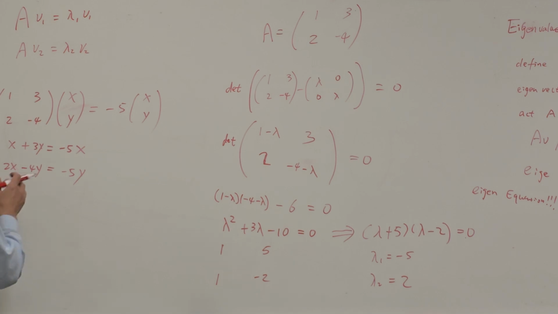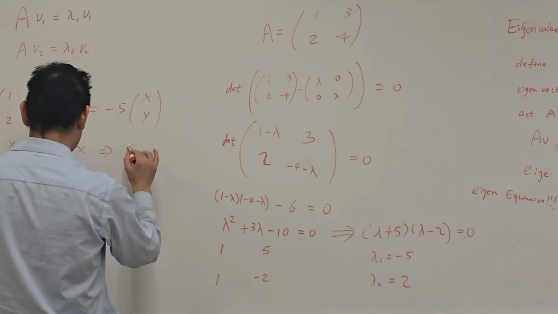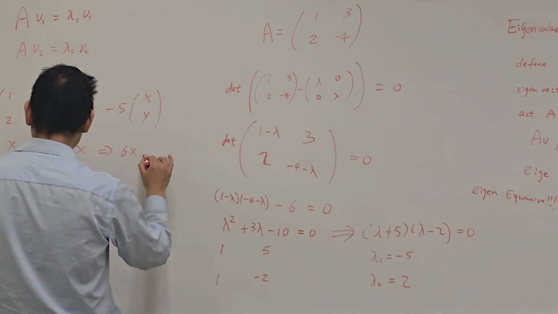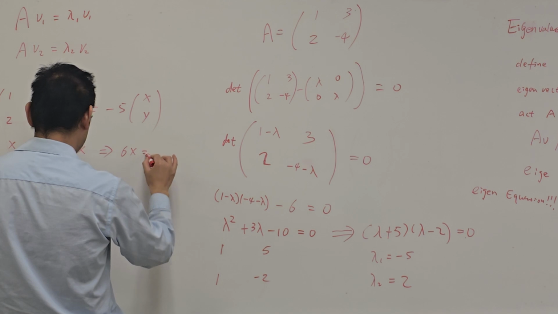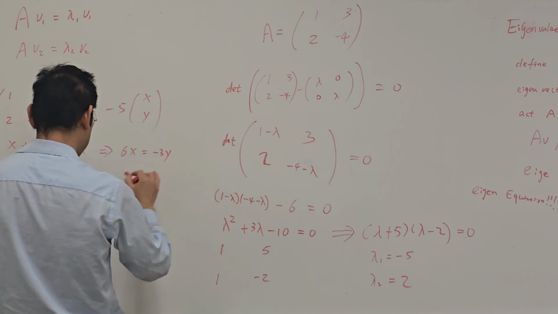Yeah, that's right. So we need to solve this, right? We need to solve this. So the first equation gives us 6x equals minus 3y.